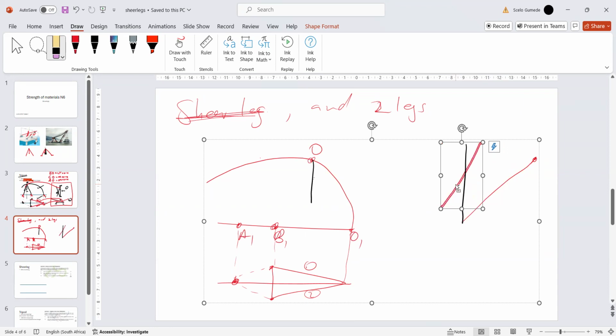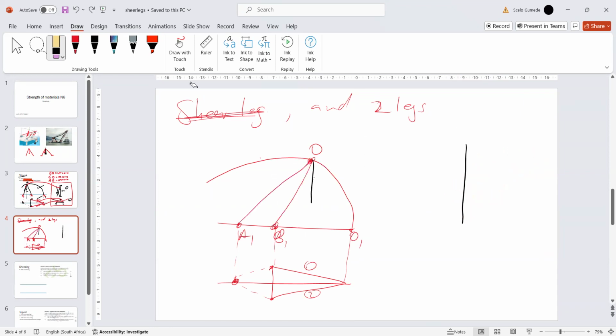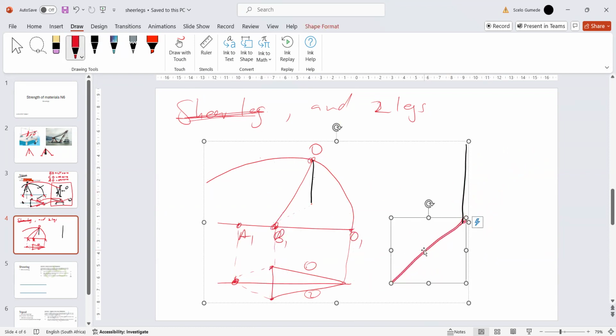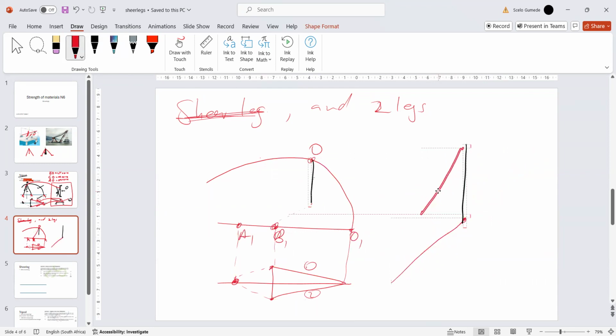Okay, how are we going to combine this? Just give me a minute. Let me just look at it quickly. Okay, so we are going to draw like this. Yes, now I see it. So this line here will come here, and then this line here will come here.